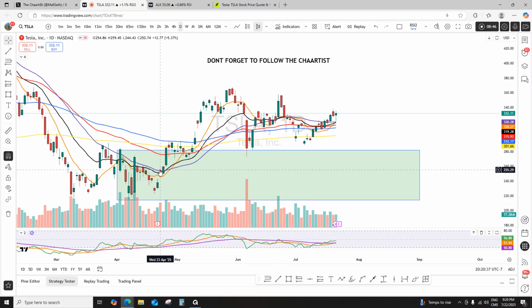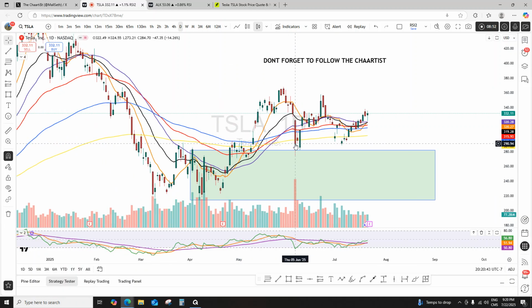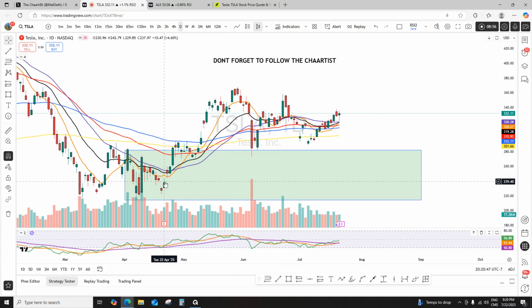If it falls, I want price to come here, then 237. Simple as that. But this is the backup plan. If it comes here, I would rely more on this level, 238. This will make a 10% move, but then it ultimately is going to come down. This is the worst case scenario.